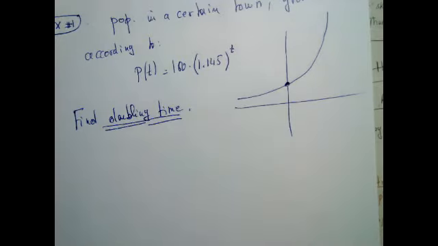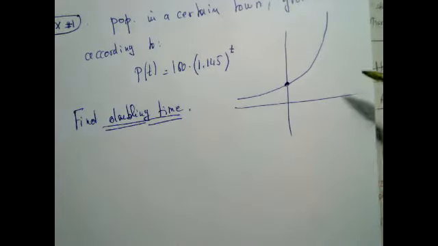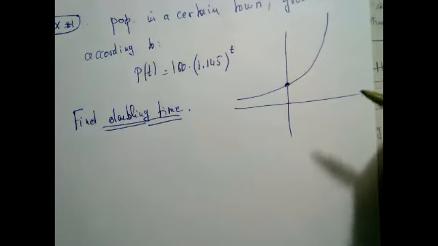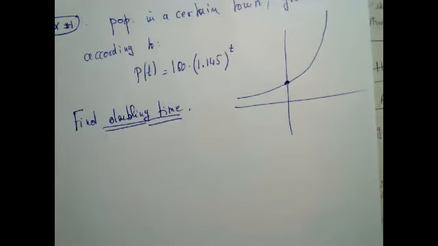All right, I'll give you a minute to interact. It means, what do I need to find? Find the doubling time. I want you to set up the equation we need to find that. And anyone who understands the question, please write it on chat so I can move on. Find the doubling time.